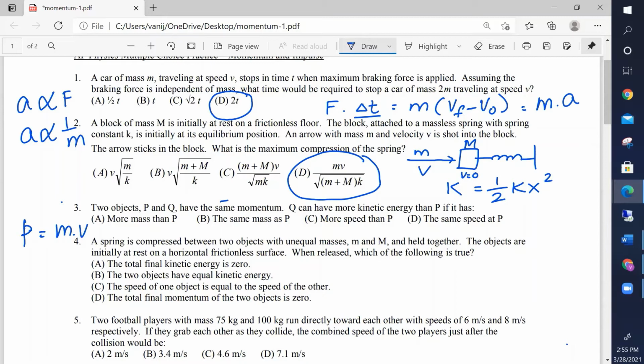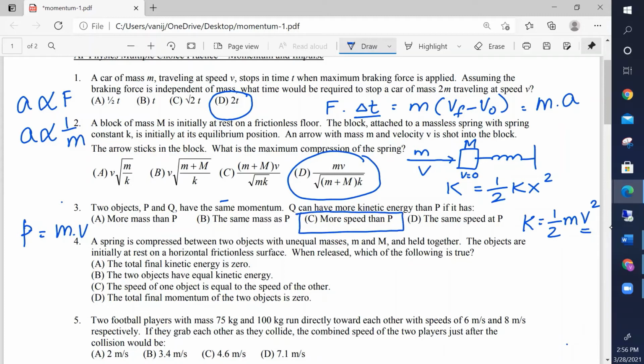So here they're telling you that Q has more kinetic energy than P. Kinetic energy is 1/2 mv squared. When they say it has more kinetic energy and the two objects have the same momentum, then obviously it is understood that the speed of Q must be more than P.